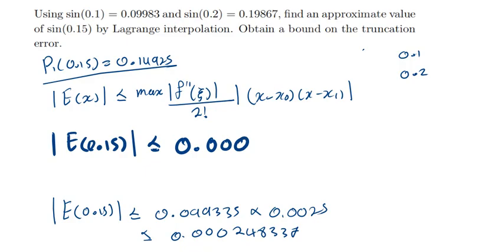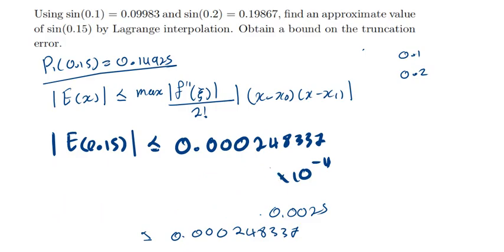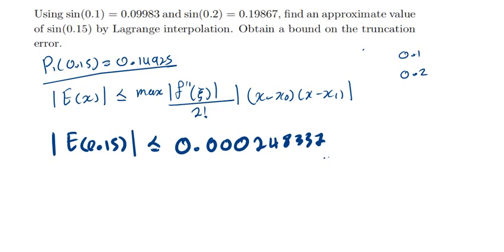You can write it like this, or if you don't want to, you can have it as 2.48337 times 10 to the power negative 4. But I'm going to leave it like that. So that's the bound on the truncation error. We have our two answers, this one as well as this one, for this particular question.